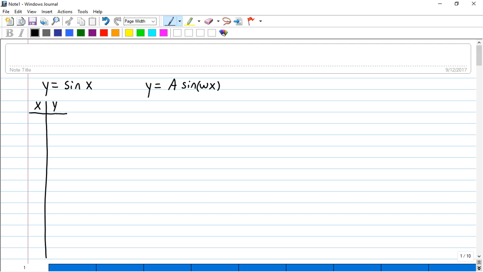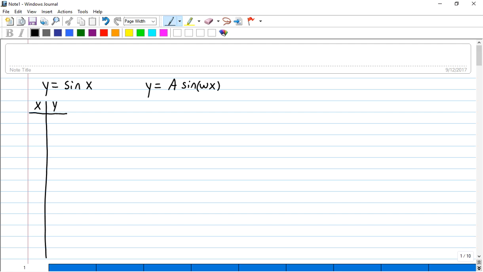So to get the best picture, you would want to plug in every value, including 0 and 2 pi, and every value in between those that are common values. And so that would be all of those places on the unit circle, and that's a lot that we've looked at.